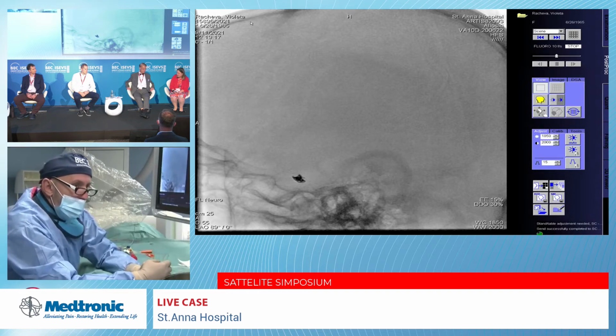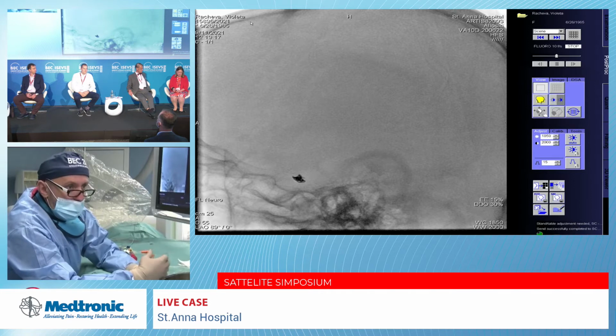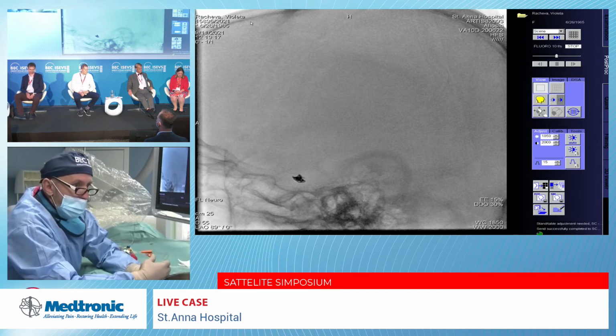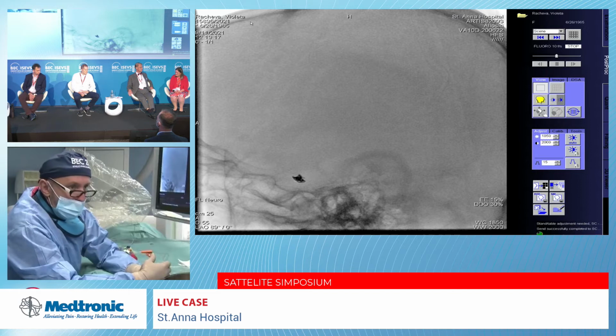I don't have a lot of experience with WEB, with intrasaccular devices. Regularly, we do stent-assisted coiling, balloon-assisted coiling, or flow diverter. I mentioned that we are neurosurgeons, and for the complex type of aneurysm, we do surgery.